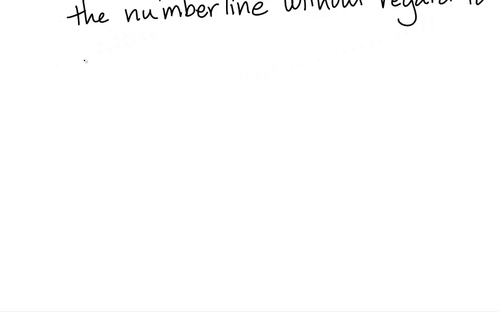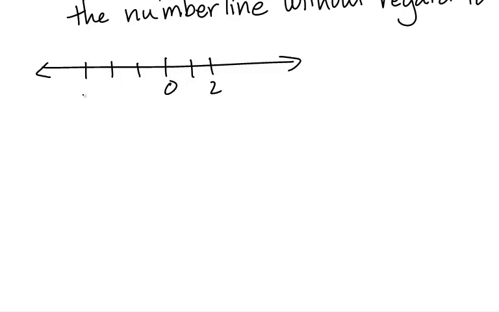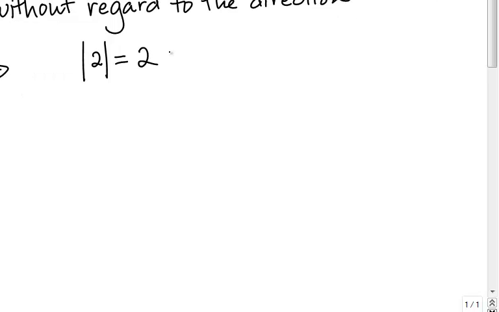So just as an example on the number line, if I said the number 2, the absolute value, and they use this symbol, the parallel lines, and if I said how many spaces is that from 0, you just count spaces, and it's 2 spaces from 0 on the number line.